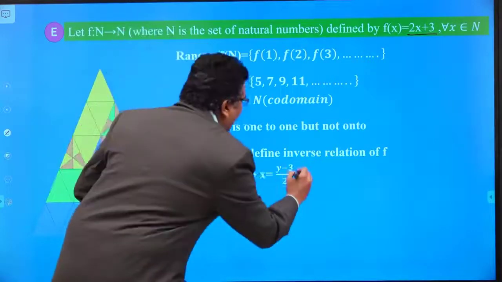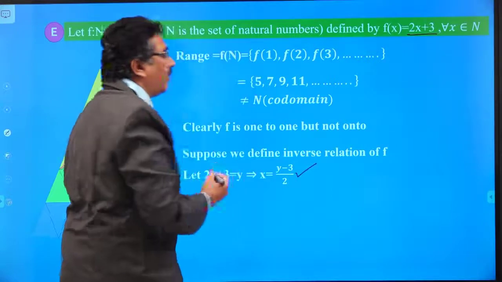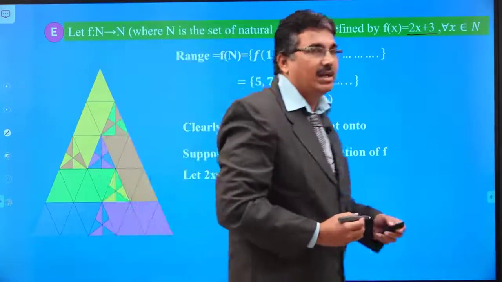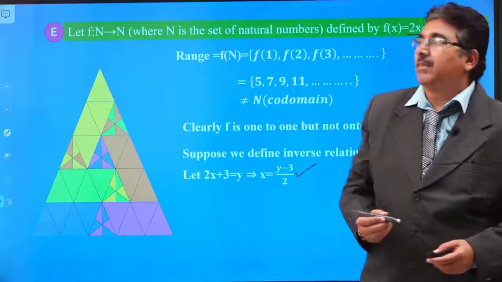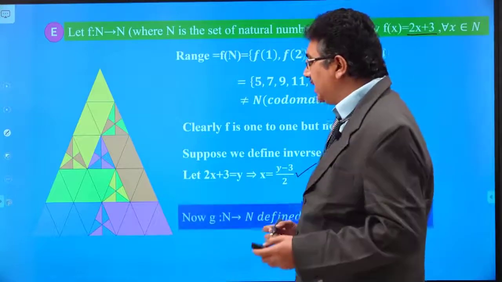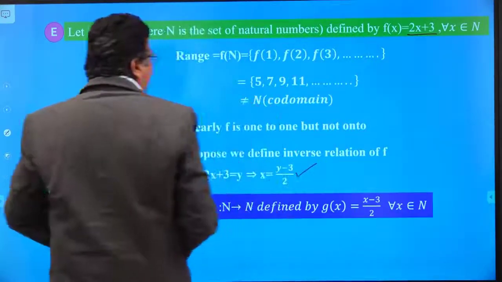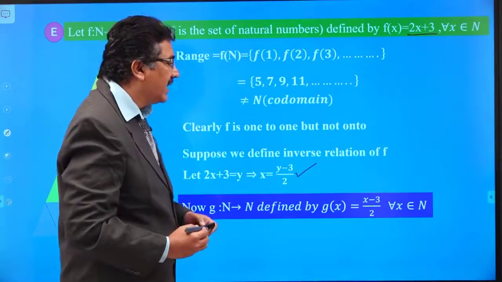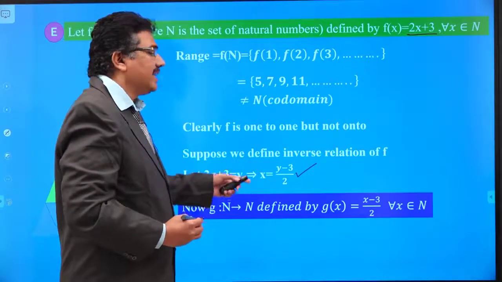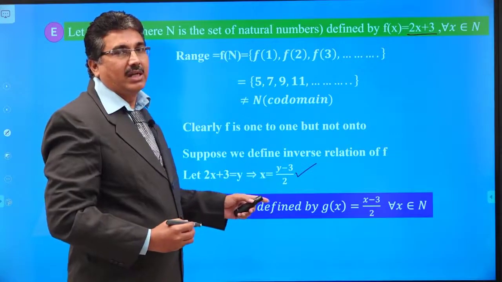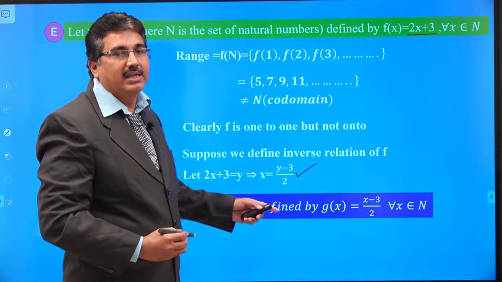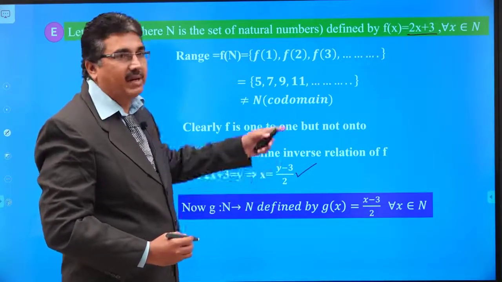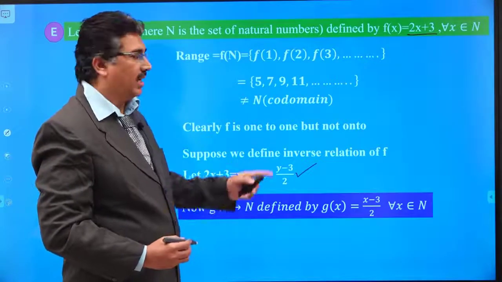This is the inverse relation of the given function. Now, g mapping from N to N defined by g of x is equal to (x minus 3) by 2. Now, this is a relation. Verify whether this relation is a function or not.